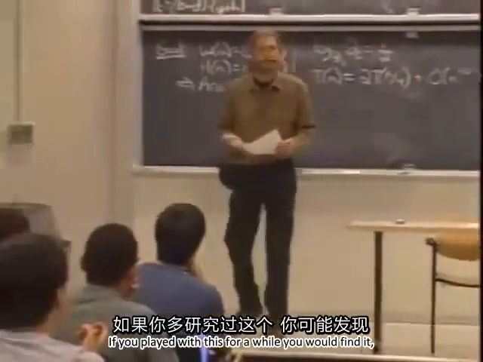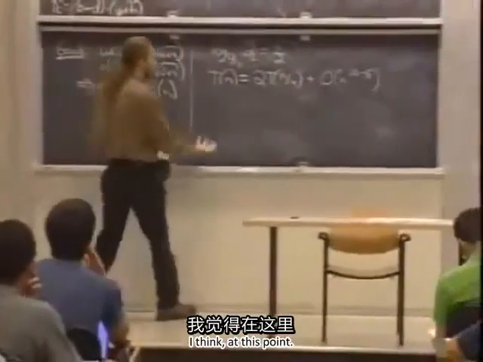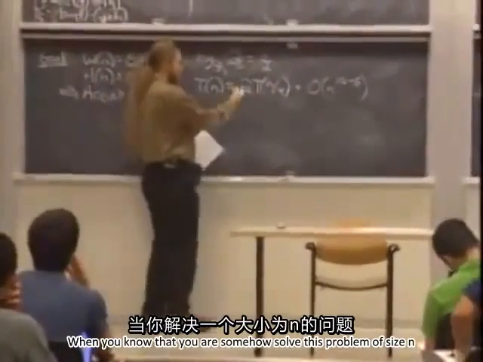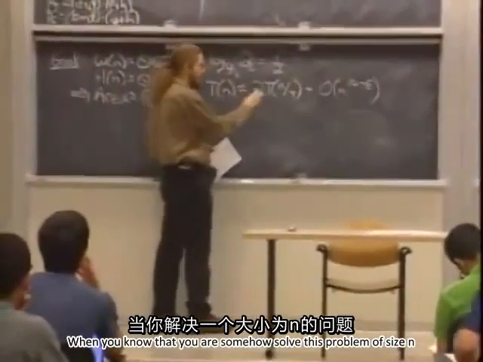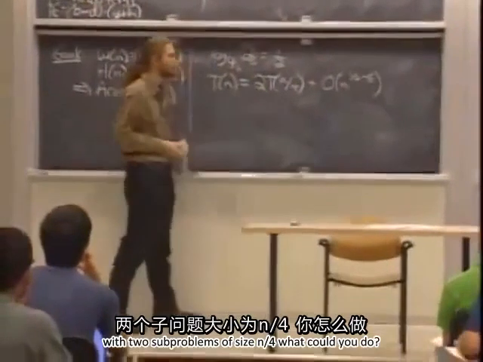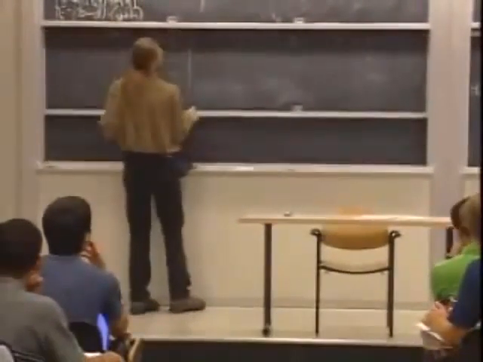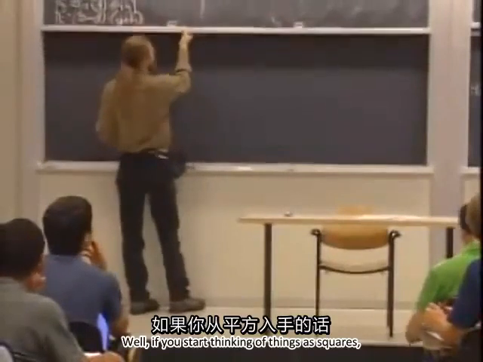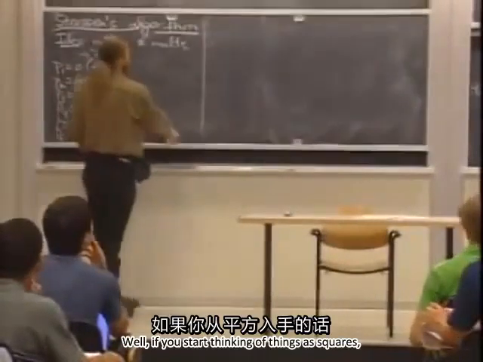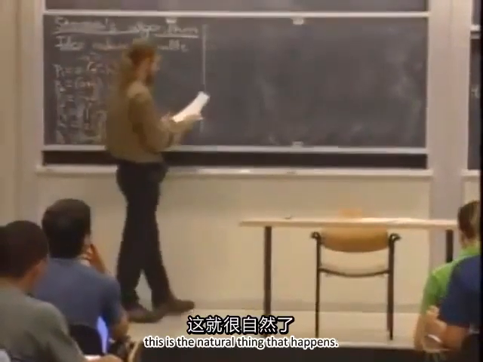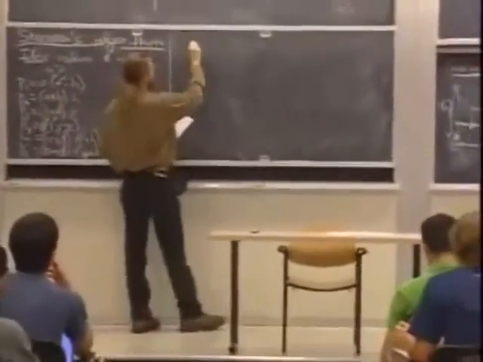If you played with this a while, you would find it, I think, at this point. When you know you're supposed to somehow solve this problem of size n with two subproblems of size n over 4, what could you do? Well, if you start thinking of things as squares, this is the natural thing that happens.